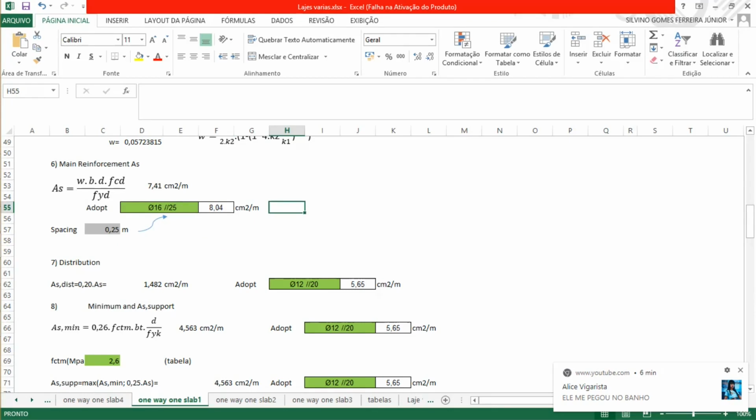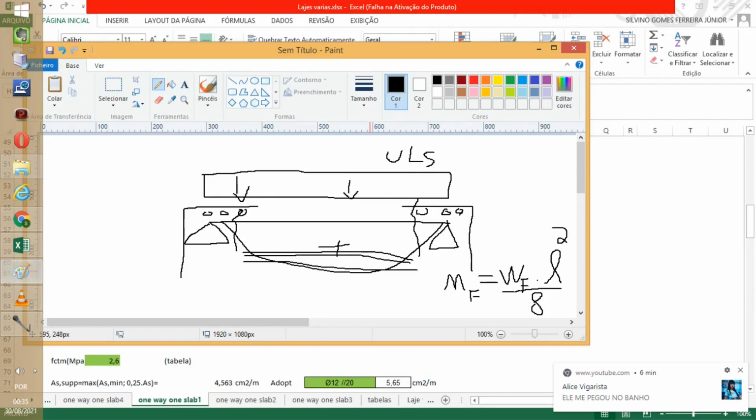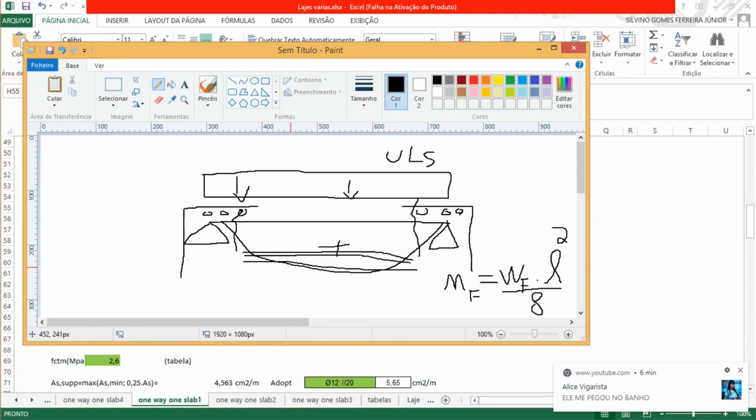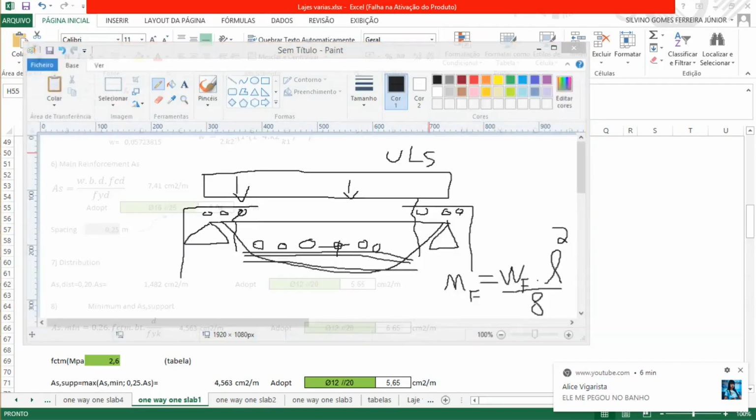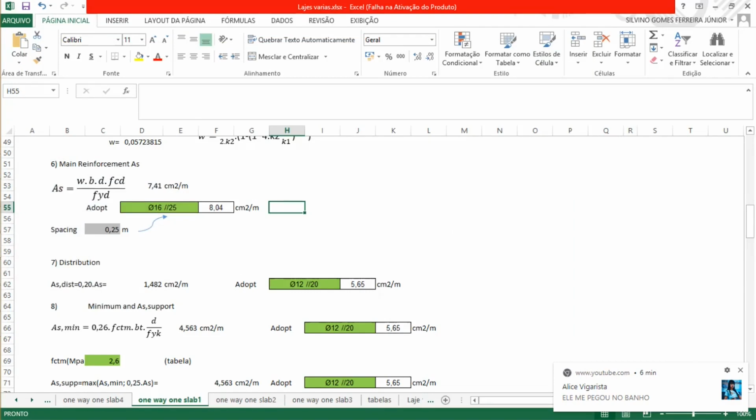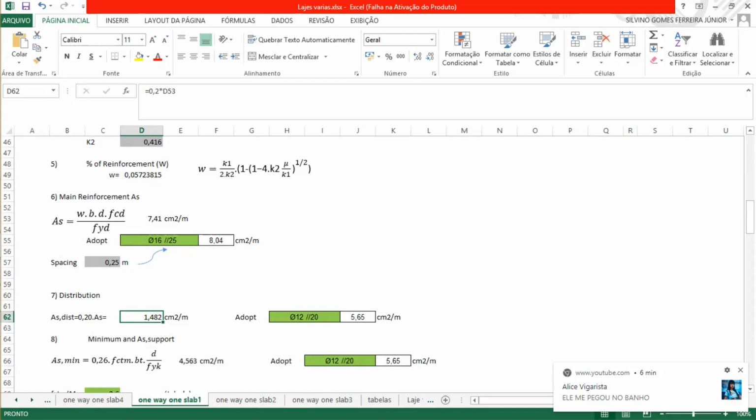Now that we have the main reinforcement here on the bottom, we need to get the distribution bars on the bottom, and the distribution bars are 20% of the main reinforcement. 0.20 multiplied by the main reinforcement that we calculated, multiplied by 7.41, that gives us 1.48 square centimeters per meter.